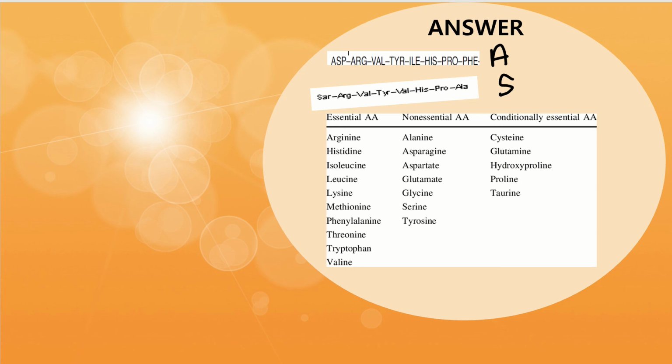I also took the opportunity to get you familiarized with your amino acids. So at least try to know the ones that we are dealing with right now: ASP, ARG, VAL, TYR, ILE, HIS, PRO, PHE.